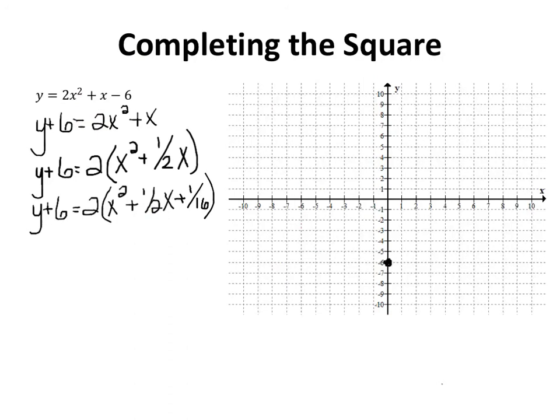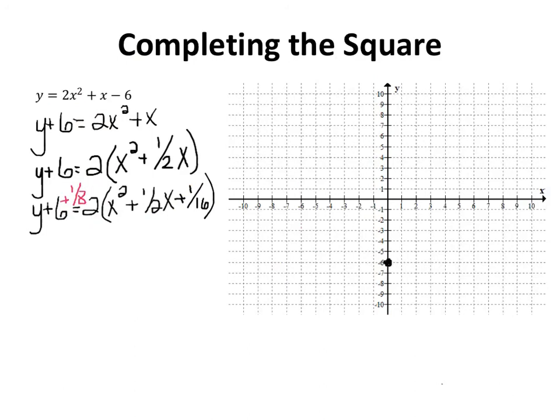What you do have to pay attention to when you start adding values to the left-hand side is that you didn't add 1/16. You added 1/16 times 2, which is 1/8. So you have to add 1/8 to the left.